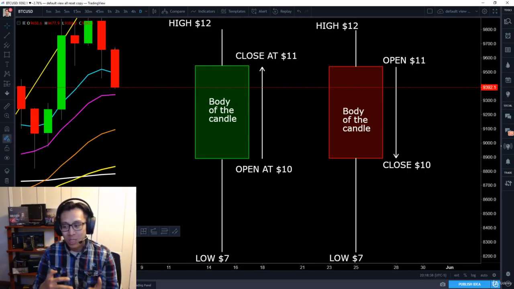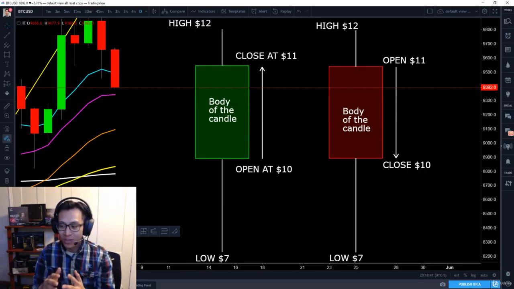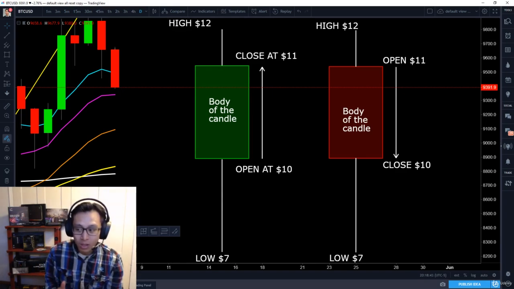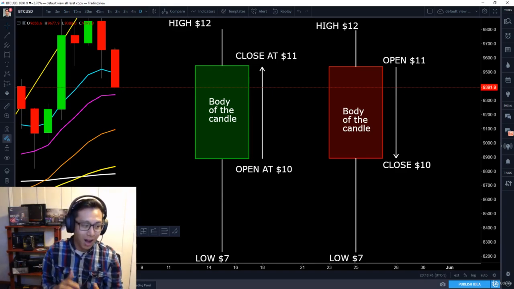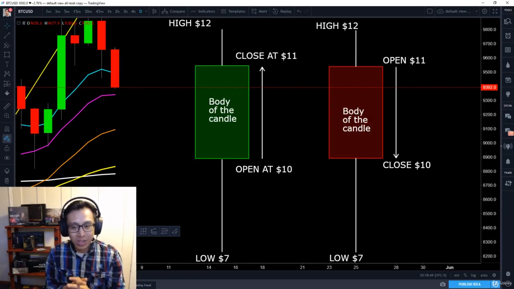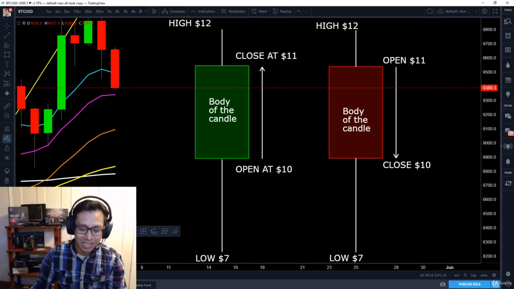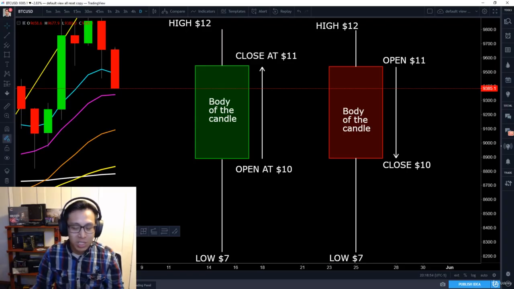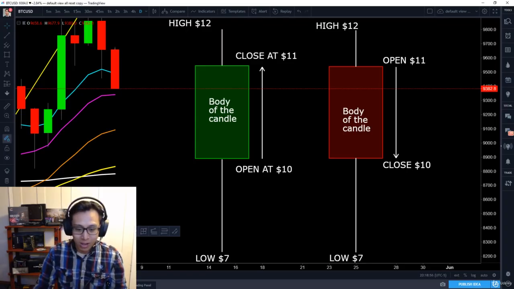So I hope that this has cleared up a lot of the definitions between open, close, high, and low. So now let's move into even more formations and give you guys crystal clear examples of what we see in a typical day, all right?